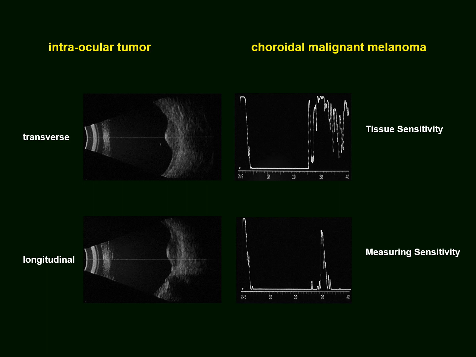At measuring sensitivity, the A-scan provides the precise maximal height of the tumor that can only be measured roughly, not as precisely with the B-scan.